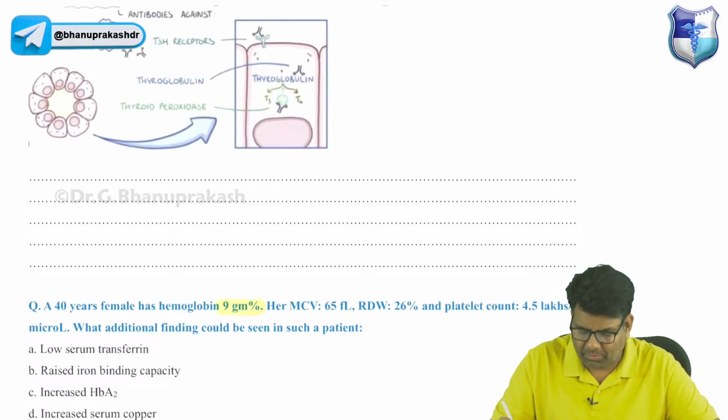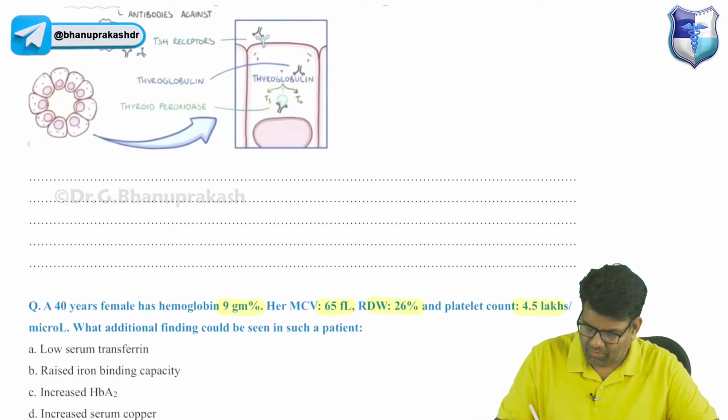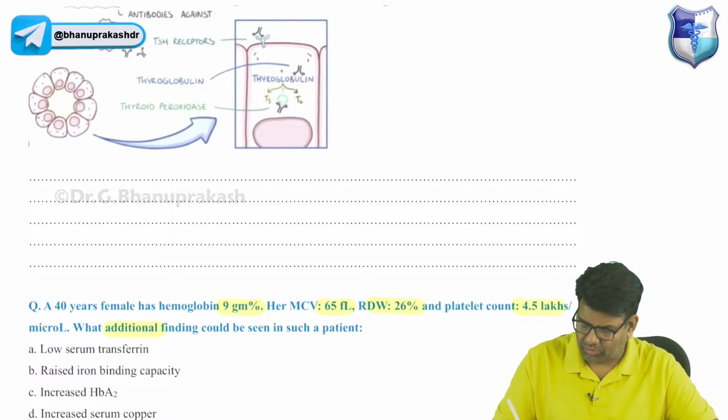Hemoglobin is 9%, MCV is 65, RBC distribution width is 6, platelet is okay. What additional finding will you see in the patient? So in such a case, first you have to make your diagnosis. Yes, right. So see, hemoglobin is less, MCV is also less, this is high.